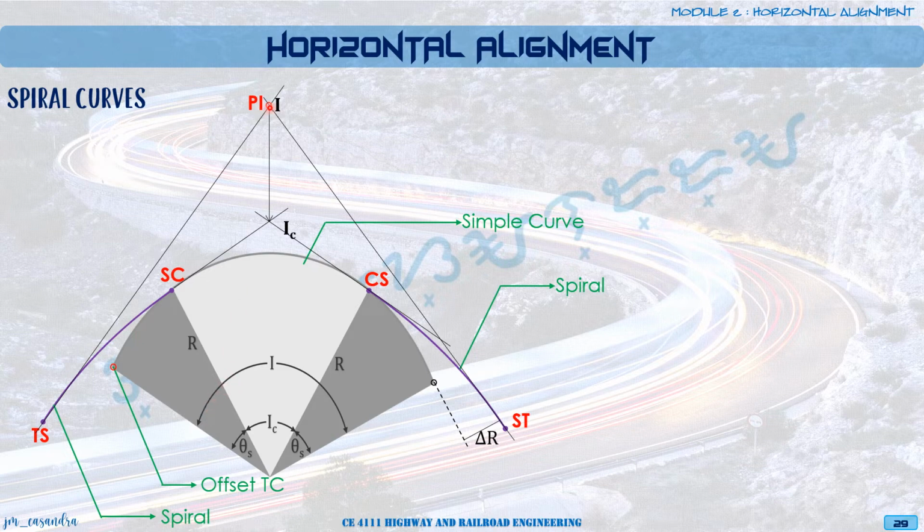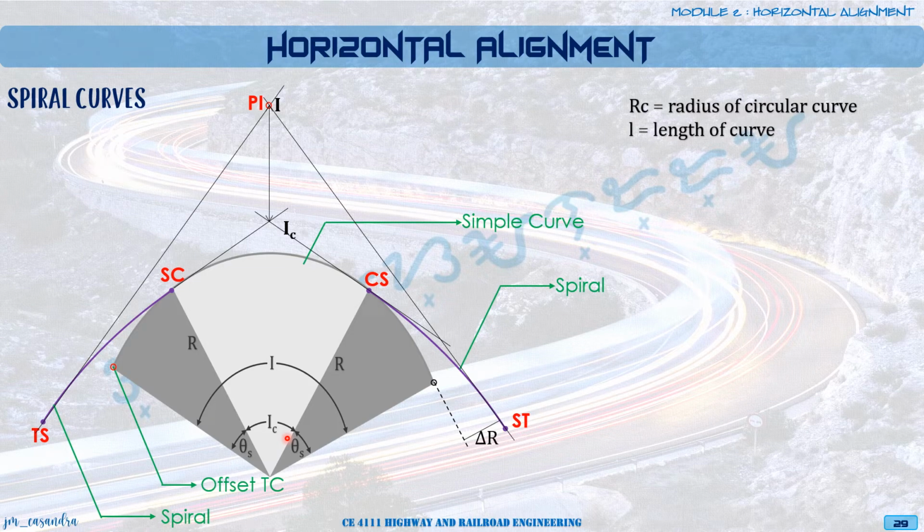So the distance between your point of intersection and your circular curve is what we call your E, or your external ordinate. So take note that for our radius of curvature of the circular curve, this is RC. Kindly correct this one. This is RC.